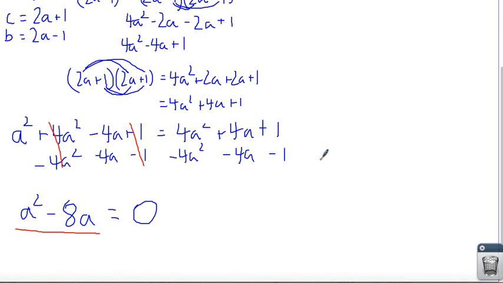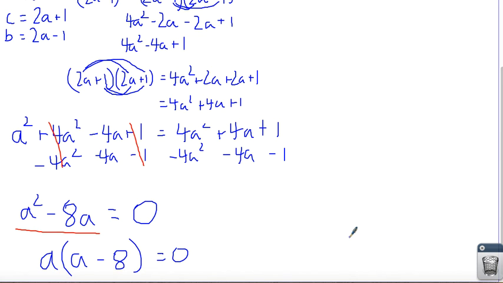Anyway, both of these two terms have a common factor of A, so that means we can factor an A out of this side of the equation. We get A times (A minus 8) is equal to 0.